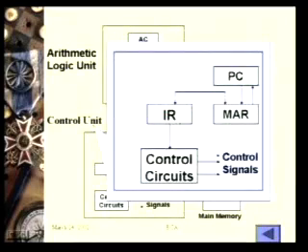Now, what are the components of the control unit? Well, the control unit consists of something called the instruction register, where the instruction comes. So the instruction reaches the instruction register and gets loaded over there. MAR is an interface. It is called the memory address register, and it stores the address of whatever is to be fetched from the memory.